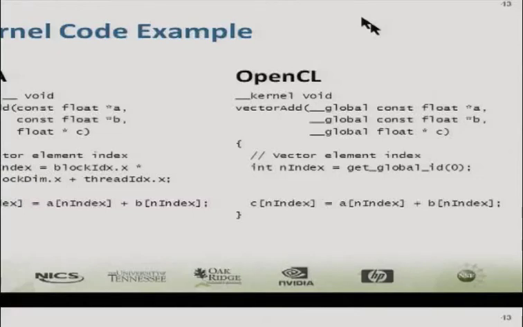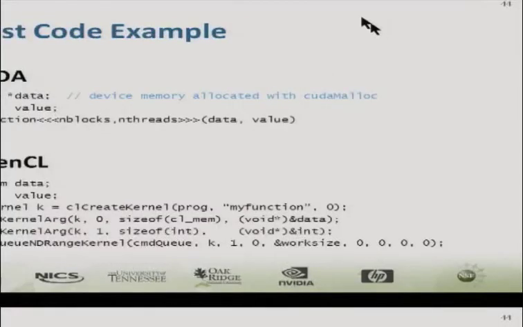And then the host code example, this is where it gets a little bit ugly. OpenCL has a C++ version that's on the radar screen. Because of the language features in C++, like destructors and constructors, you can get rid of a lot of this, and that's coming. But right now, it's quite verbose compared to CUDA. In CUDA, this is what you would do to basically run a function.